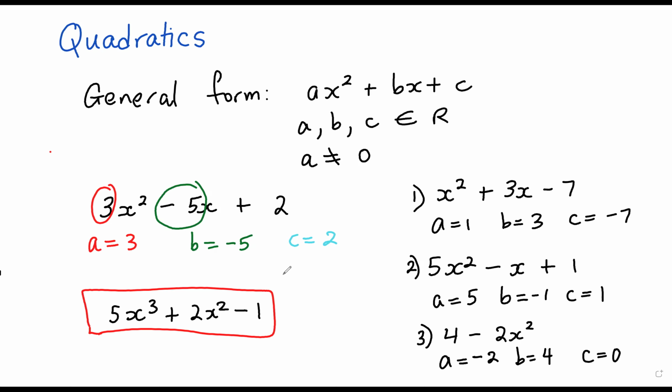Because the highest power of x in this expression is 3. So the highest power of x has to be 2 in a quadratic. In this one, the highest power of x is 3, which makes it a cubic expression. Not equation, sorry, this is not an equation, it's an expression. The reason it's not an equation is because it's not equal to anything.